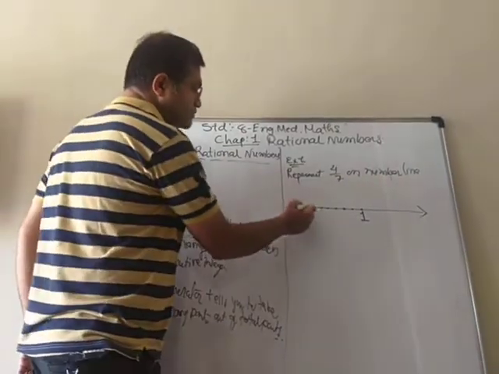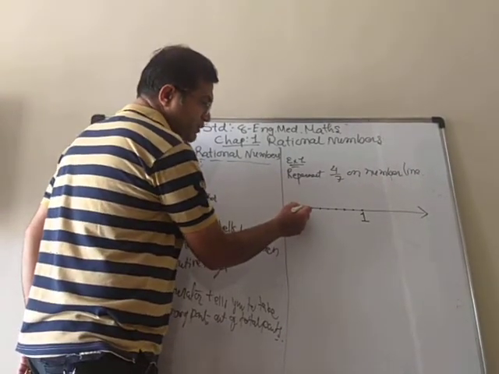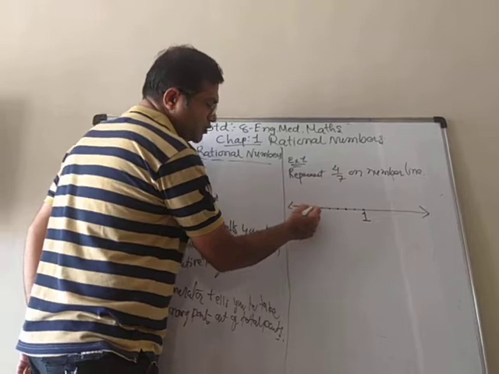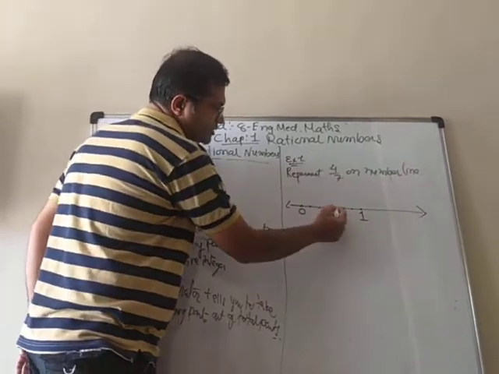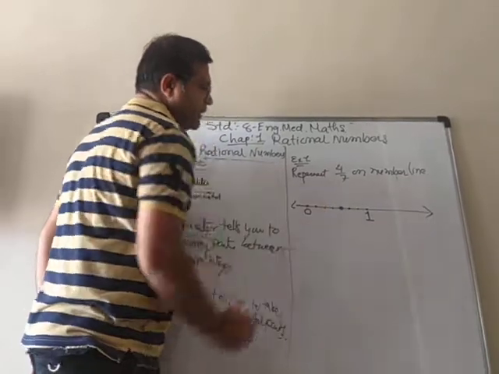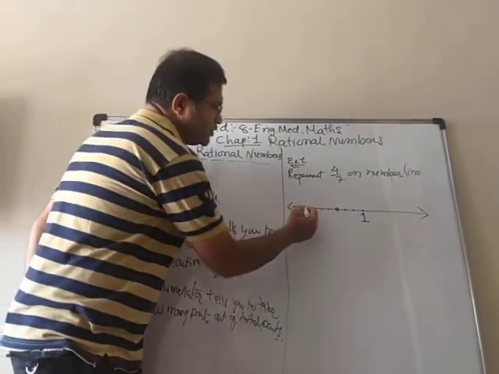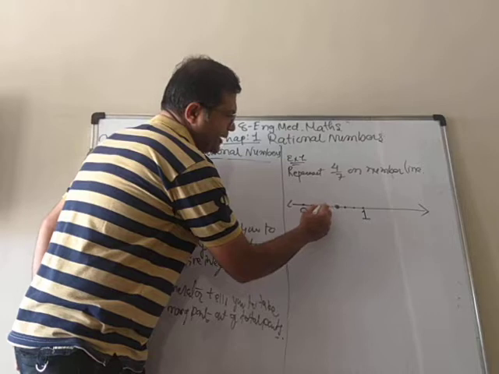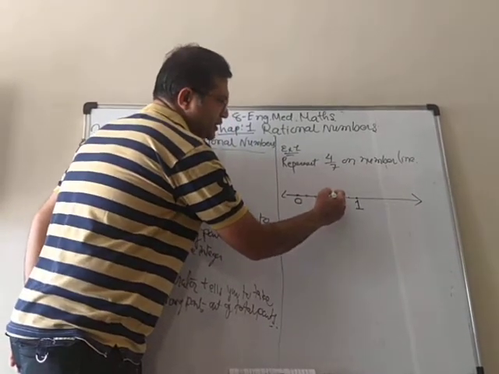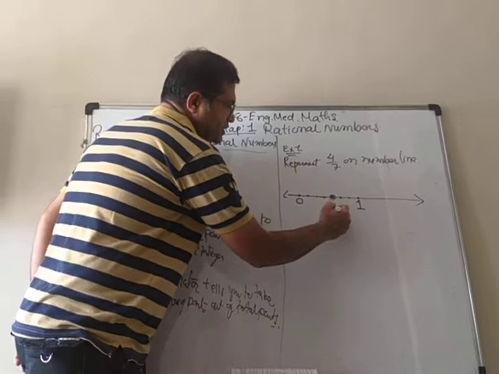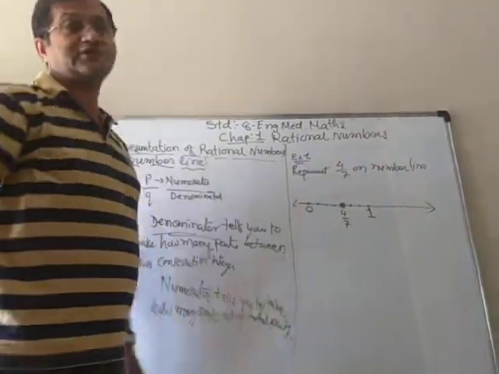From 0, we don't count 1 here, this is the 0. So count 1, then 2, then 3 and then 4. This is the 4th part. This number you can make a little darker, and that is your number 4 upon 7.